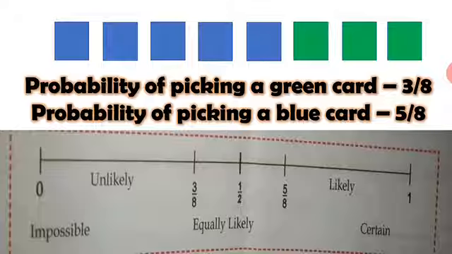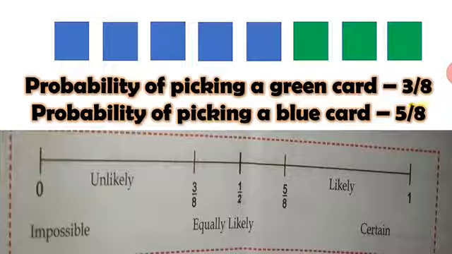Just like with our example, with 5 blue cards and 3 green cards, a total of 8 colored cards, the probability of a green card is 3/8. Why 3/8? Because we have 3 green cards and the total number of cards is 8.